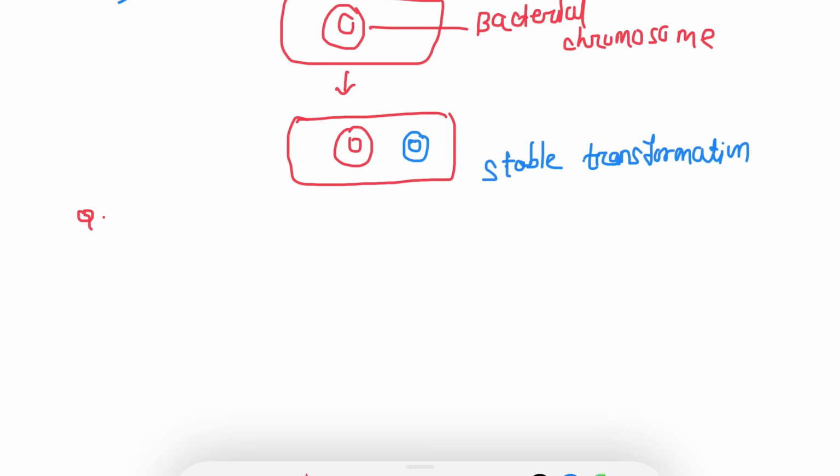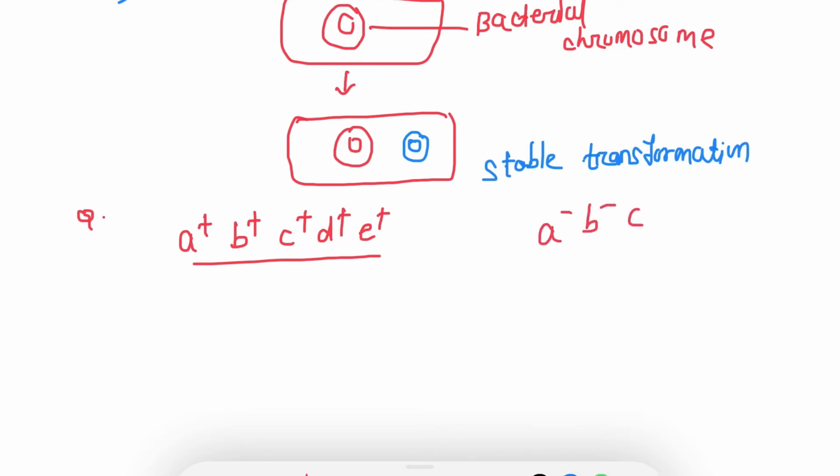DNA from one strain of bacteria which has genotype A plus, B plus, C plus, D plus and E plus was isolated, and it is used to transform another strain of bacteria that is A minus, B minus, C minus, D minus and E minus. The transformed cells were tested for the presence of the donated genes.